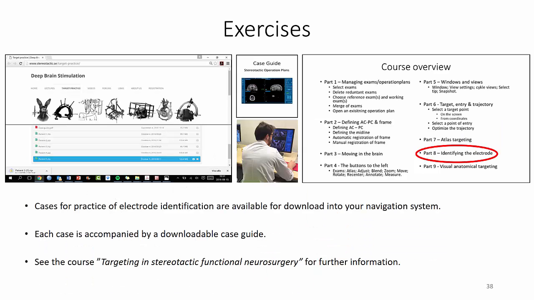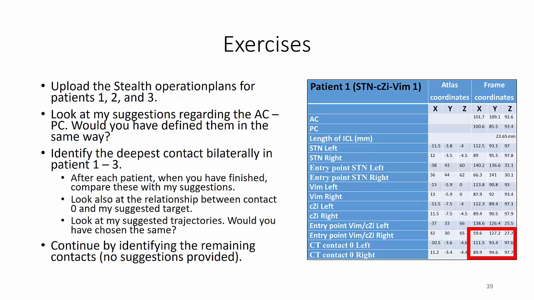This course contains some exercises. A number of cases for practice of electrode identification are available for download into your own navigation system. Each case is accompanied by a downloadable case guide. I suggest that you upload the stealth operation plans for patients 1, 2, and 3.